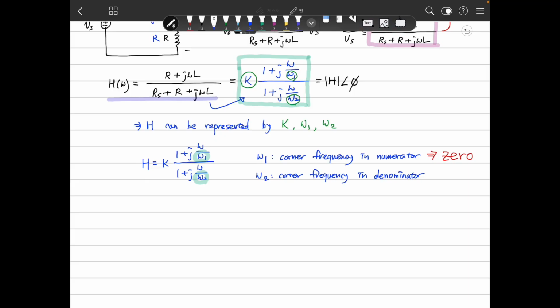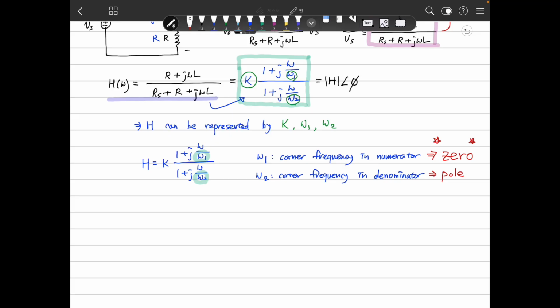So we call this variable a pole. It's a very important term, zero and pole.